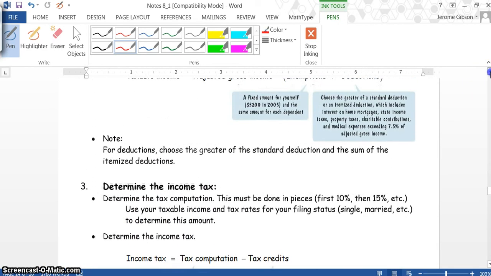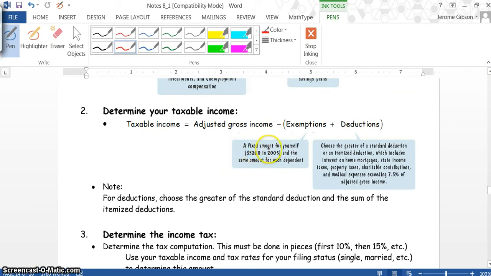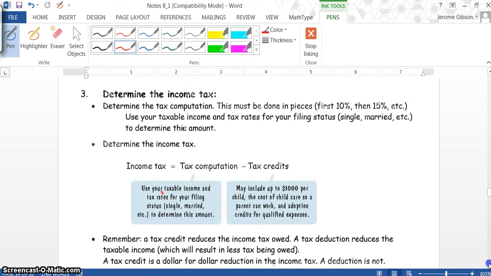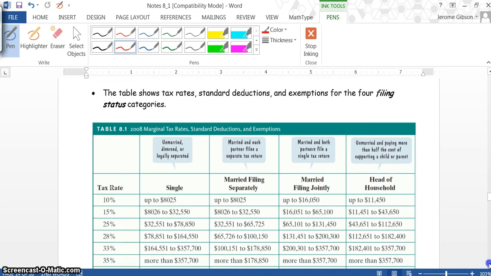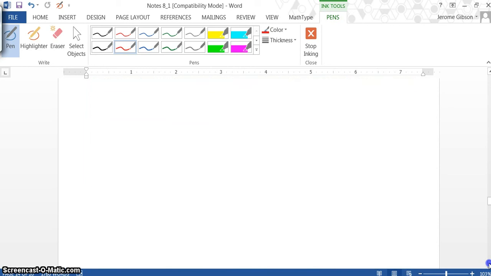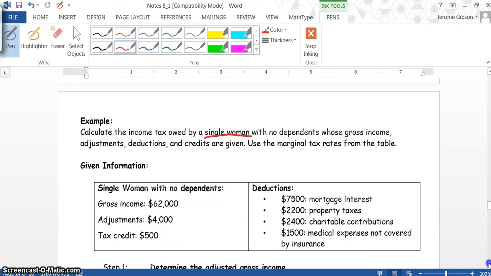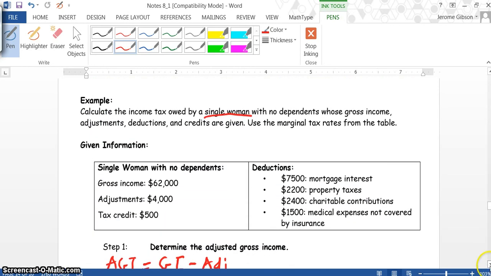Right here it says a fixed amount for yourself is $3,200. Now that is your exemption, and it's for a single person. It's $3,200. So we add a $3,200 exemption because this is a single woman with no dependents.